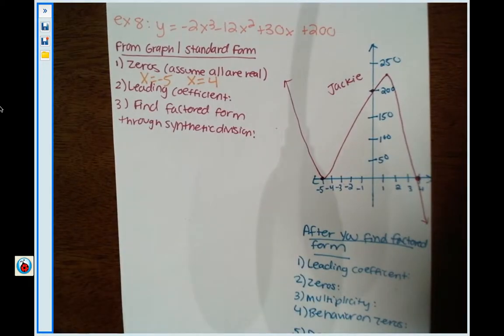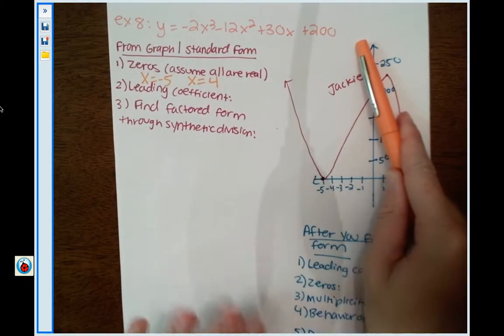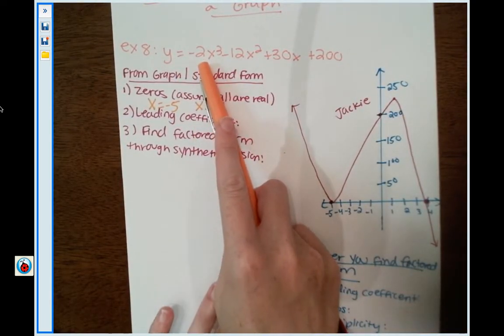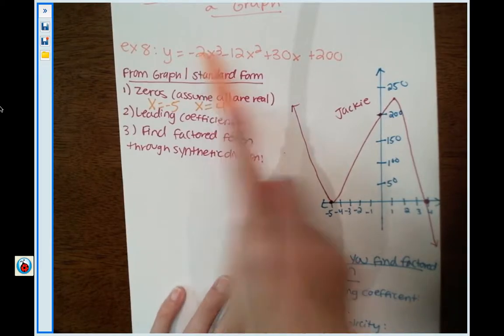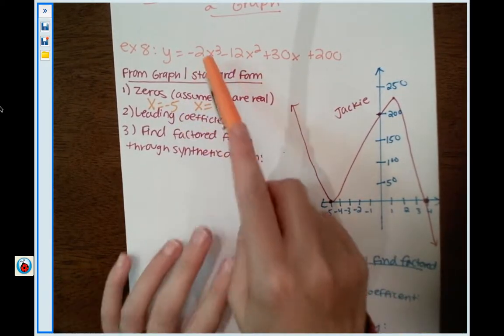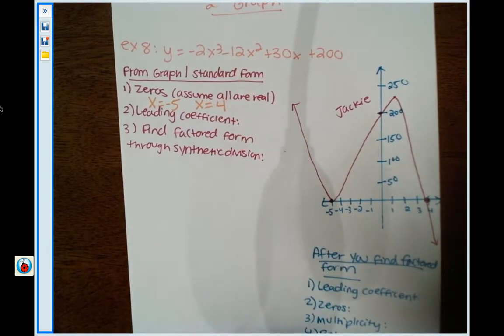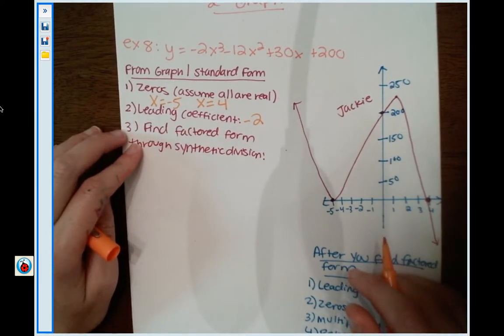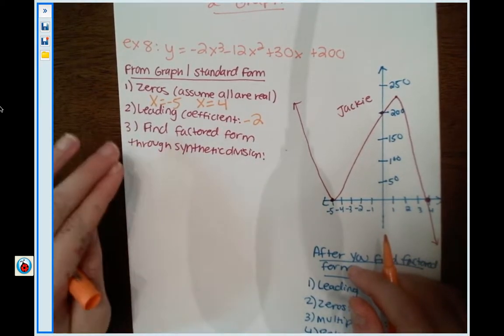Those are my zeros. For the leading coefficient in standard form, which it currently is in, we pick the number that is with the variable with the highest exponent. My highest exponent is to the third power, so the coefficient associated with that is -2. We're going to be finding factored form through synthetic division.